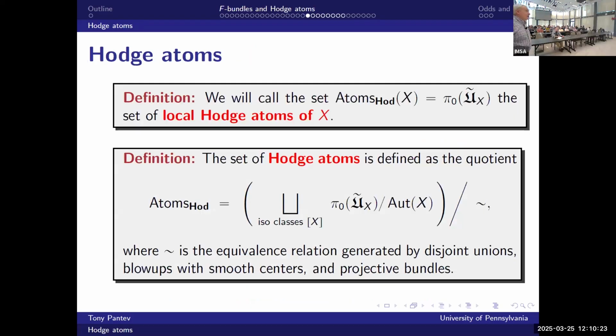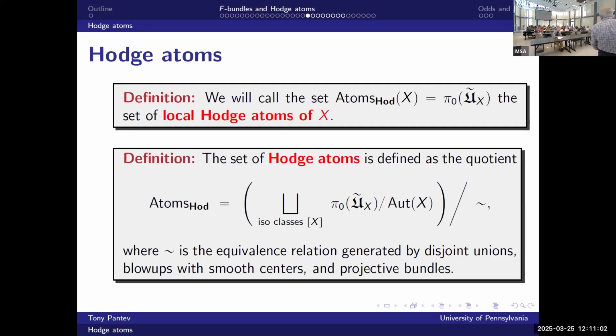So this gives you this notion of an atom now. You say that the local atoms of a variety are just the connected components of that spectral cover. And the set of Kontsevich atoms for all varieties is gotten by taking the set of atoms for varieties, modulo automorphisms, the disjoint union of those, and then modulo an equivalence relation, which is generated by the equivalence relation that you get for the disjoint unions of varieties, for blowups with smooth centers, and for projective bundles.